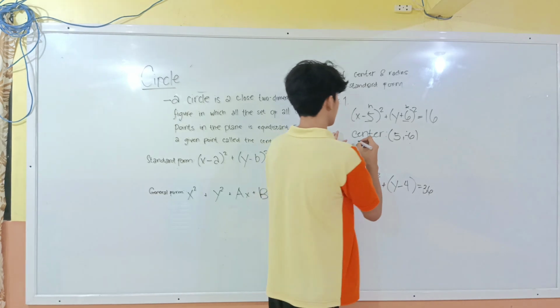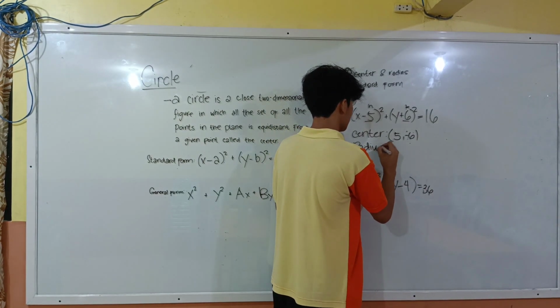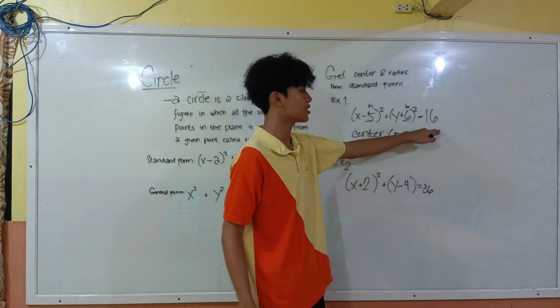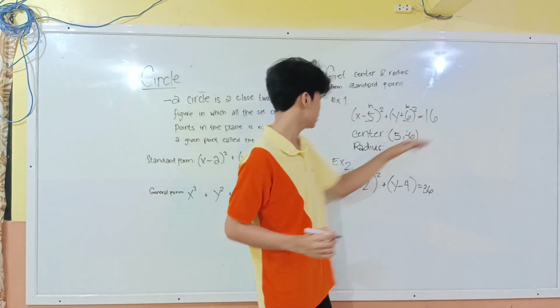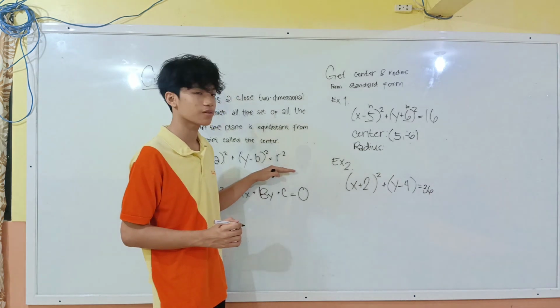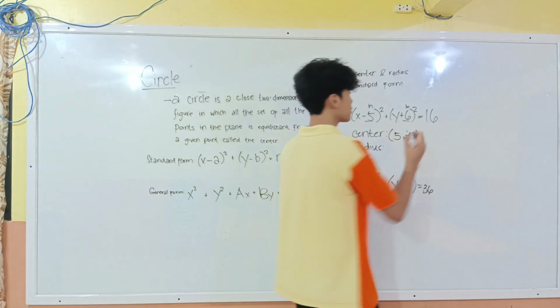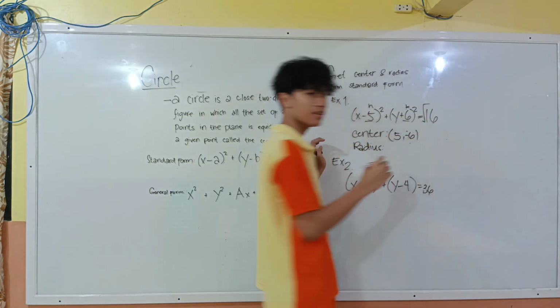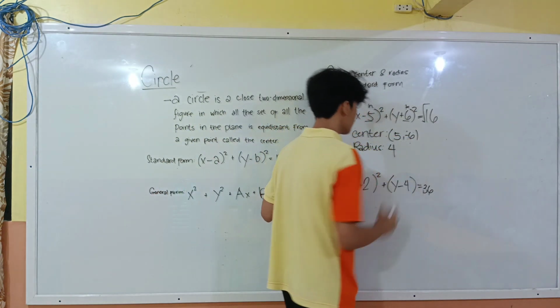Then we're going to get the radius from the standard form. In our standard form we have r squared, meaning we have to get the square root of 16. The square root of 16 is 4. So the radius is 4.